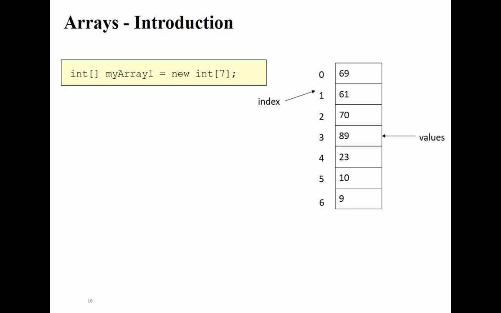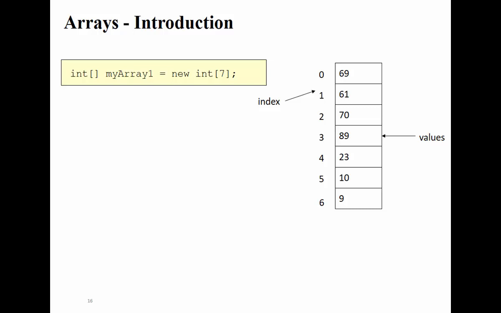I say equals new int 7, which means I ask the compiler to go to memory and reserve 7 spaces. How much is the size of each space? The compiler will look at the type, int, so it will reserve the size of an int. Maybe the size of an int is 4 bytes, 6 bytes, 8 bytes.